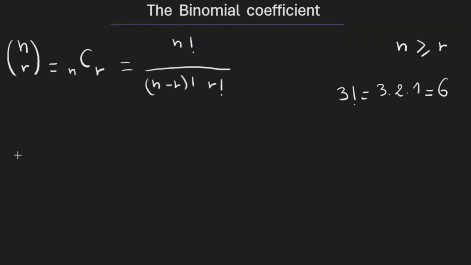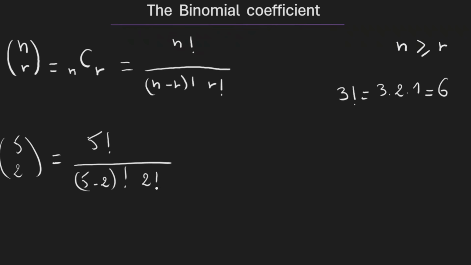Let's try with another one. 5 above 2. Same thing, we have 5 factorial over, so 5 minus 2 factorial times 2 factorial. This is equal to 5 factorial over 3 factorial times 2 factorial.